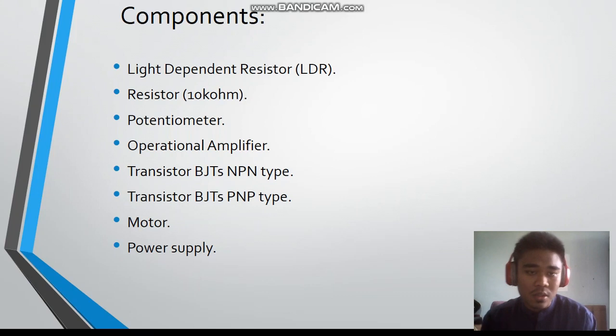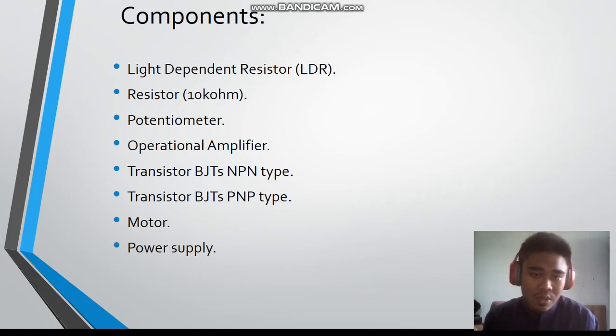The next one is the resistor, which gives some resistance to the circuit. We also use two resistors with a value of 10 kilo ohm. Then we use the potentiometer. The function of the potentiometer in this project is to control the value of the voltage and current.